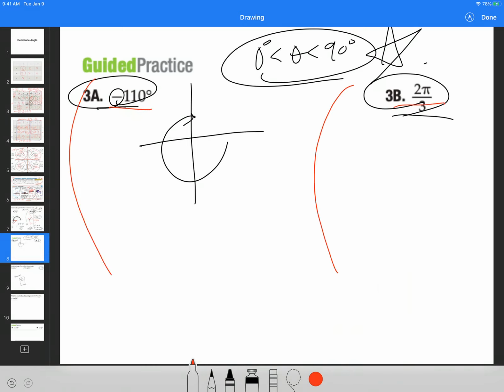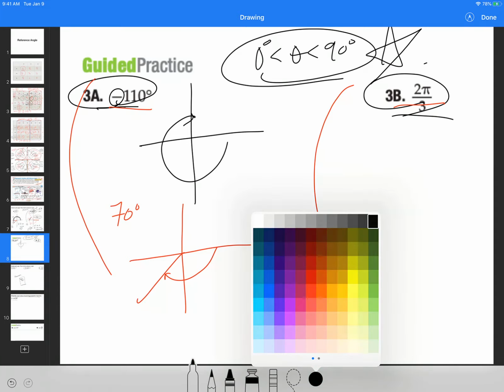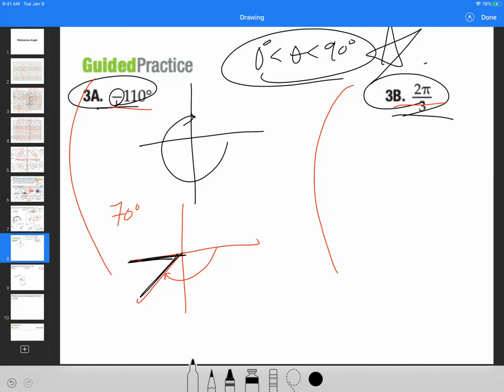To go over this with you a little bit more in detail, negative 110 should have given you 70 degrees. The reason is negative 110 should have landed you somewhere here. The reference angle always is measured from the x-axis, and the terminal side, we call this the terminal side of the angle because that's where the angle ends up.